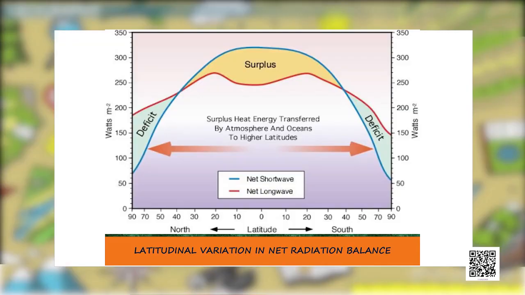Most of the heat transfer takes place across the mid-latitudes, which are between 30-degree to 50-degree north and south in both the hemispheres, and hence much of the stormy weather is associated with this region. Thus, the transfer of surplus energy from the lower latitudes to the deficit energy zone of the higher latitudes maintains an overall balance over the Earth's surface.